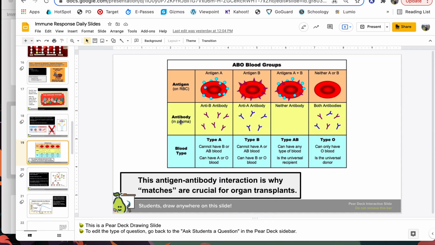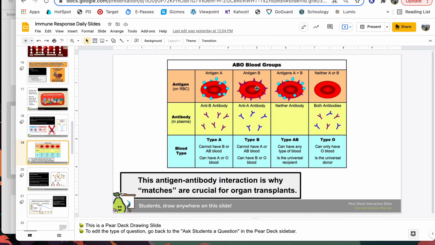One way to talk about this is blood type. So if you are type A or B or AB or O, what that means is you have different antigens on the outside of the blood cells. So if you're type A, you have little A antigens on the outside of your blood cells.